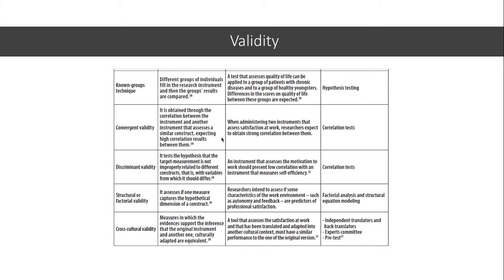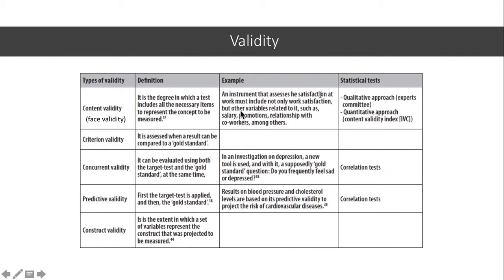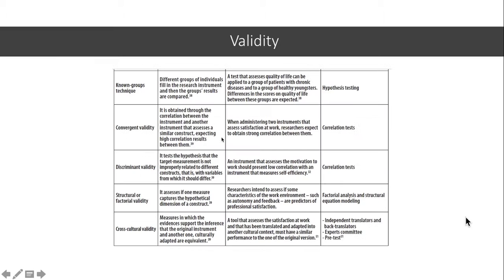So what you see here, if I go back, is we have the definition, an example, and then a statistical test that may go along with it. And you can see that most commonly many of these are using correlation tests.